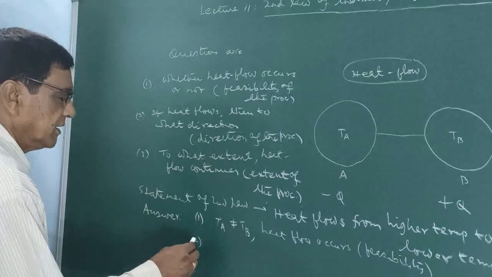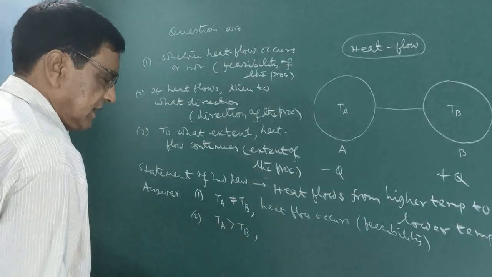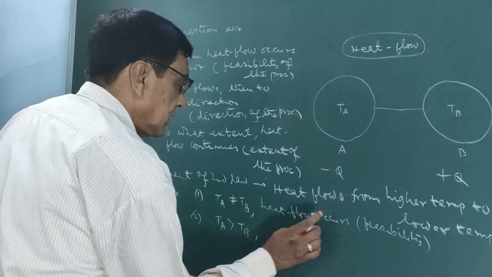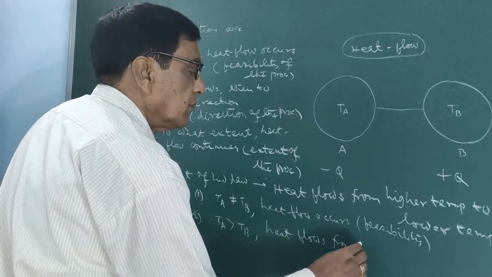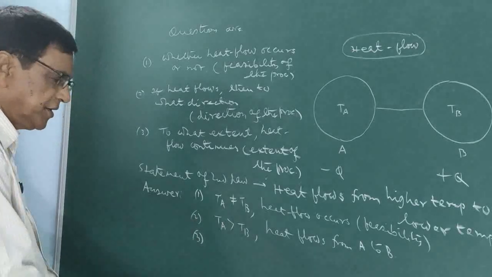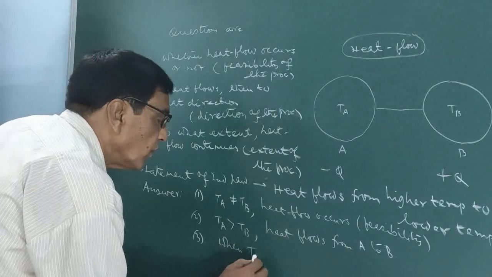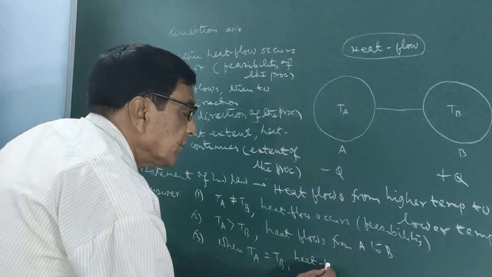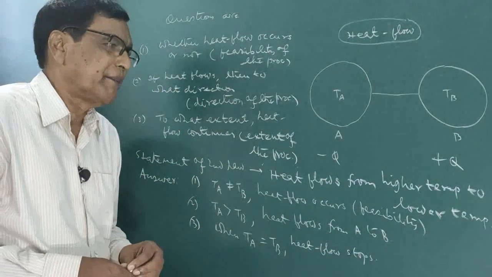And the second answer: if TA is greater than TB, then heat flows from body A to body B. And the third answer: when TA is equal to TB, heat flow stops and attains equilibrium.